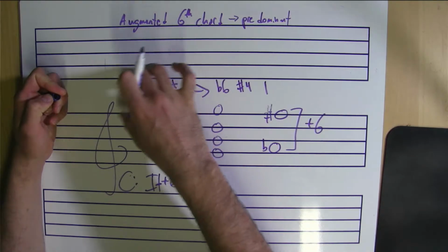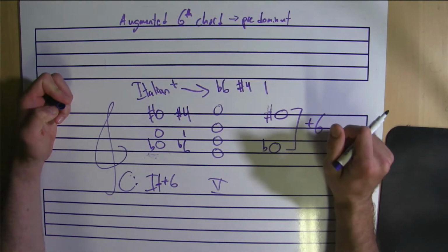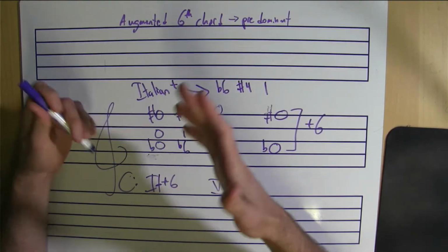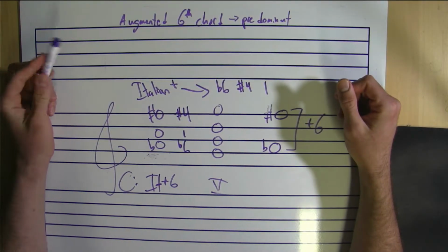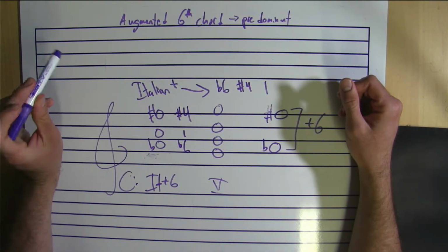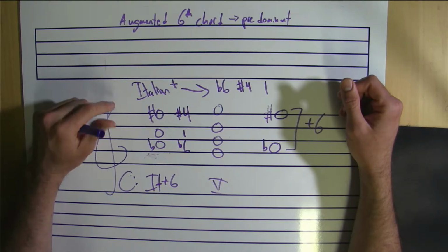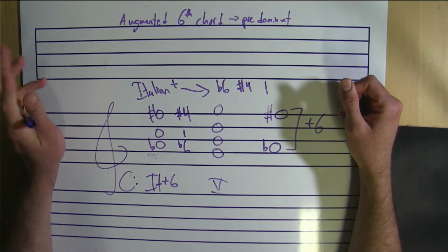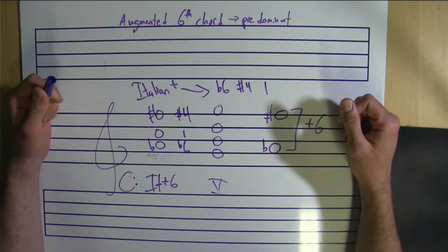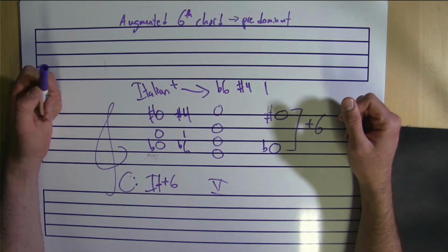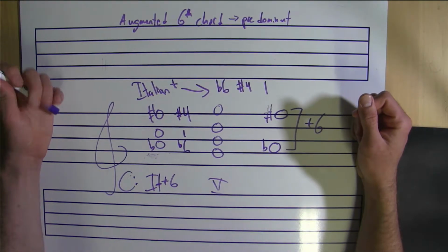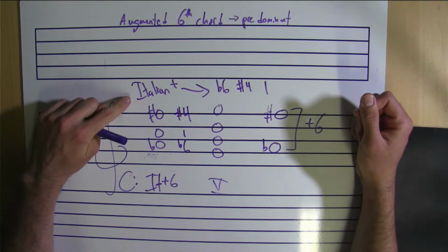These names, the Italian and then the other 2 that we'll talk about in a sec, are just arbitrary, easy-to-use words, right? I asked some colleagues who studied theory in other countries, for example in Portugal, and they use the names Italian Augmented 6th, French Augmented 6th and German Augmented 6th, except they say those countries in Portuguese. Same thing in Russia, same thing in France. Curiously, in Germany, they don't use these names.